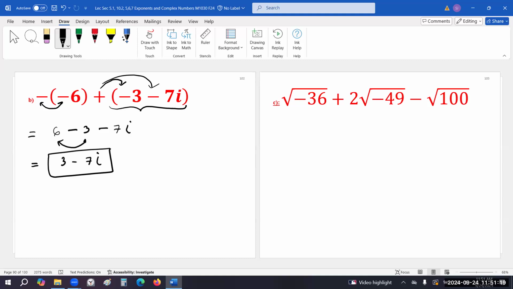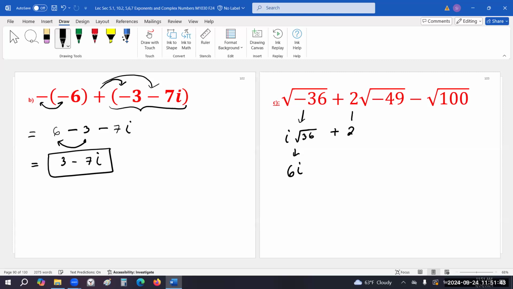Would you like to try the next one? That turns into what? 6i.